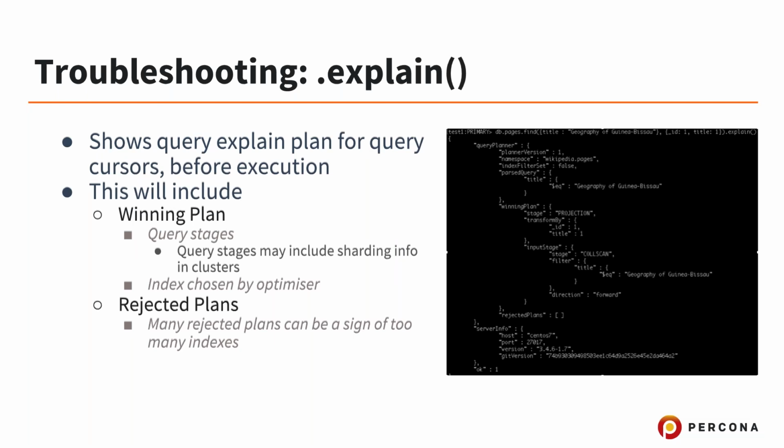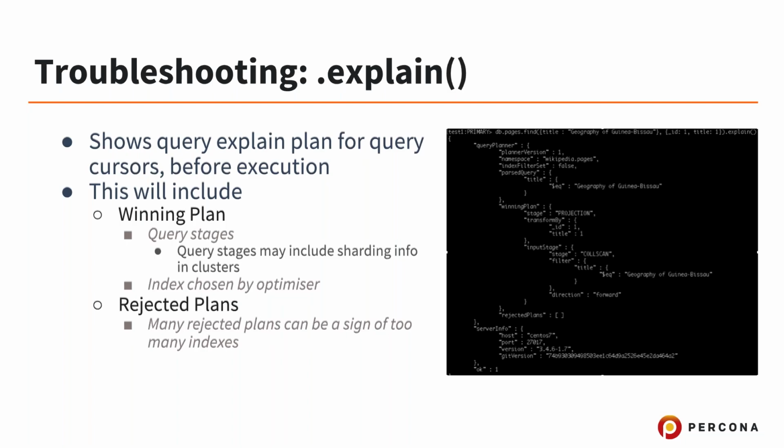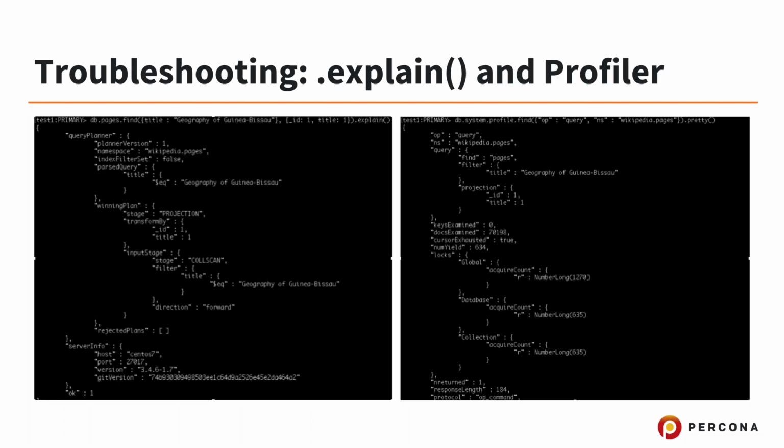Also, the explain tool, just like other databases, you can see a query before it executes. I'm just going to go back a slide. The operation profiler logs a query after it executed. And that's really useful to know because explain is showing what the optimizer predicted, and the profiler is showing the reality of what happened. So on this slide, I'm showing you both, on the left, an explain output of the same query and a profiler output of the same query.